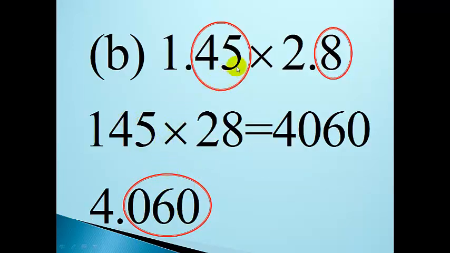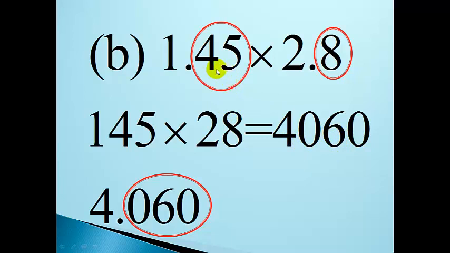Now 1.45 times 2.8. You still assume here that you don't have any decimal point. So 1.45 becomes 145, times 2.8 which becomes 28. When we multiply 145 by 28, the answer is 4060.